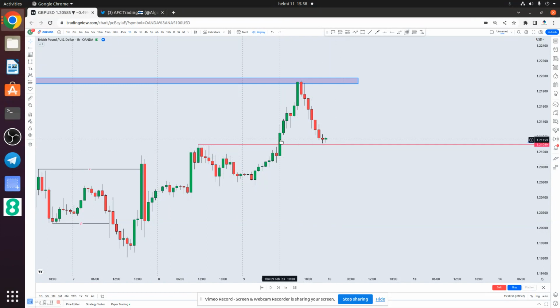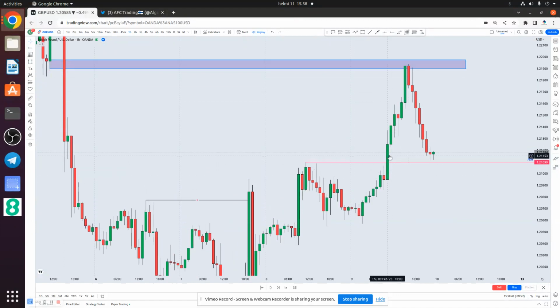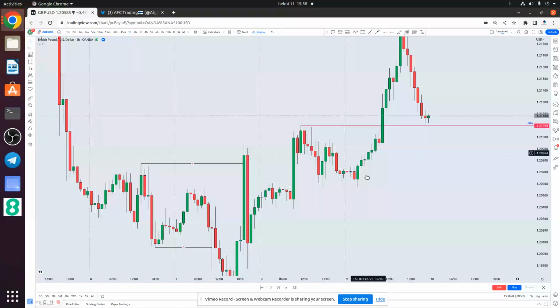So price took it at London Open. This candle is London Open, the opening of London session. Price went through, and we anticipated reversal, right? But in this case, price just kept going up.